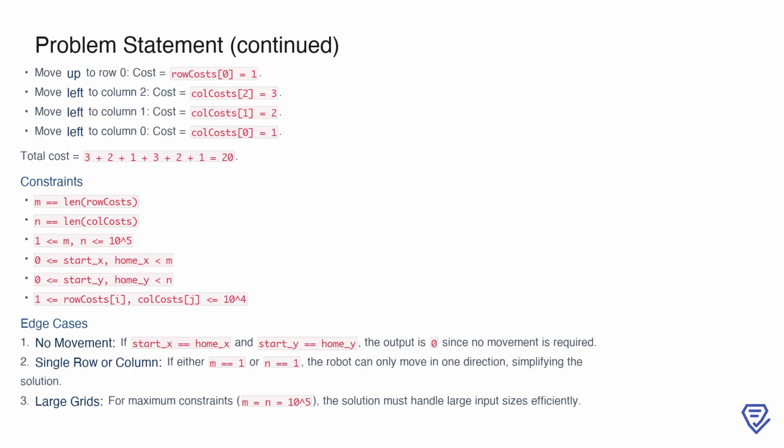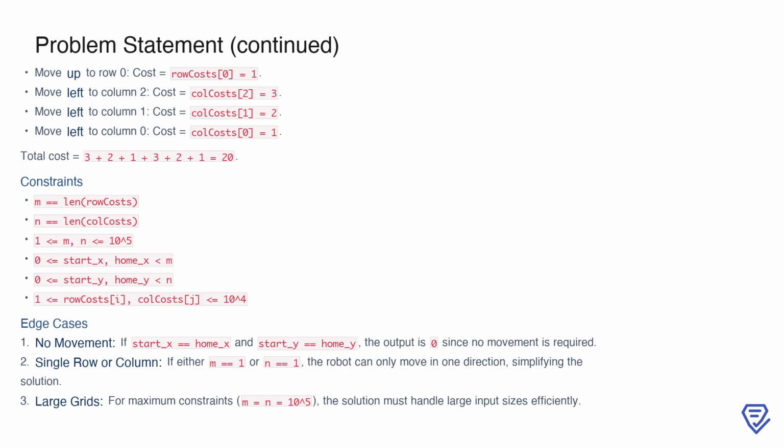In the third example, the robot starts at 3, 3, and needs to move to 0, 0. The input costs are row costs equals 1, 2, 3, 4, and column costs equals 1, 2, 3, 4. The robot begins by moving up to row 2, which incurs a cost of row costs 2 equals 3. It continues moving up to row 1, with a cost of row costs 1 equals 2, and then up again to row 0, incurring row costs 0 equals 1.